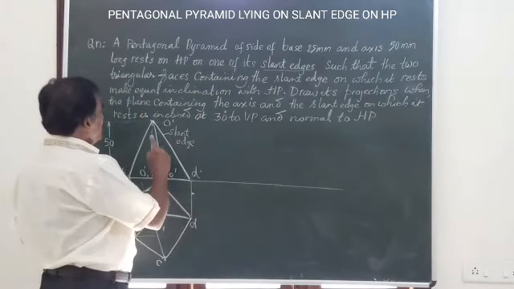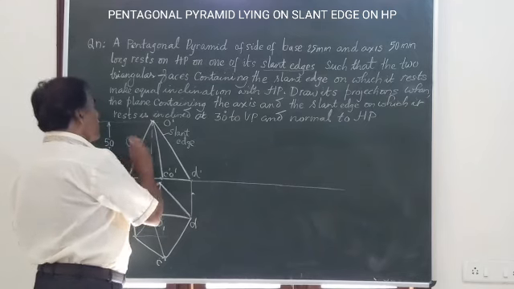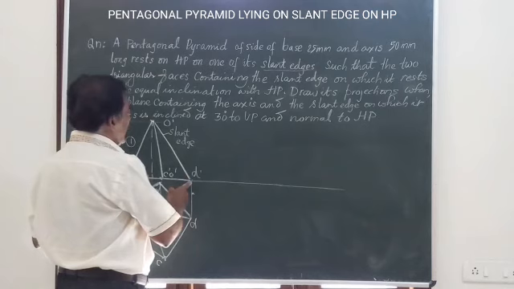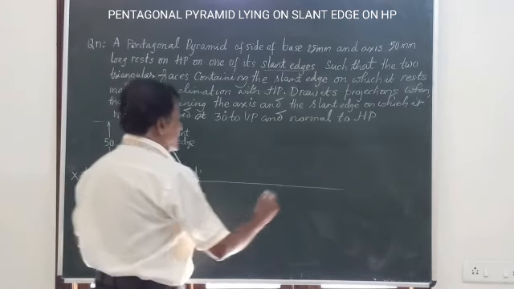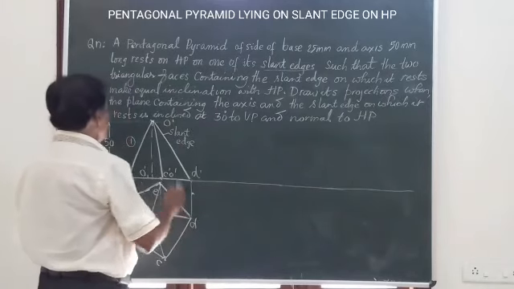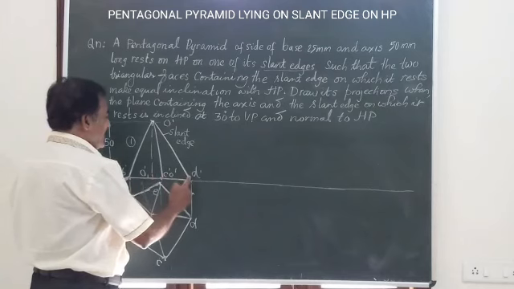So whatever the figure I have marked here, marked as figure number 1, is going to be redrawn such that the last line O dash D dash rests on the XY line or HP. This is done like this. So let me construct this triangle O dash, A dash, B dash and D dash.